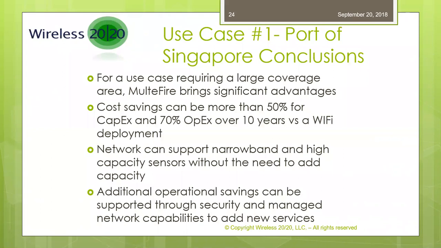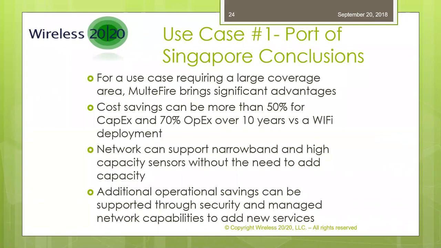The business case analysis tells us there are significant advantages brought by MulteFire: the capability to support both narrowband and high band capacity sensors with the LTE aspect of that, and the performance that we're seeing.